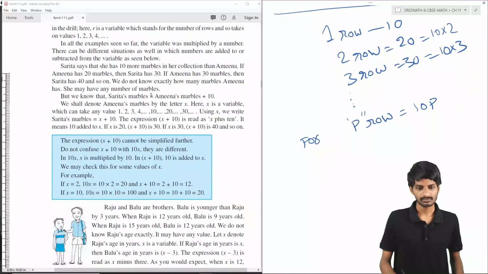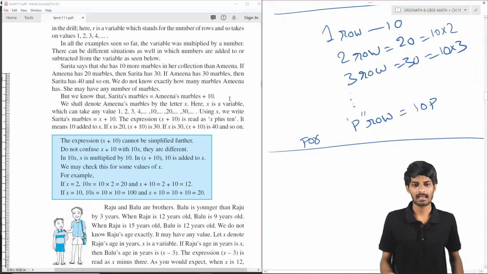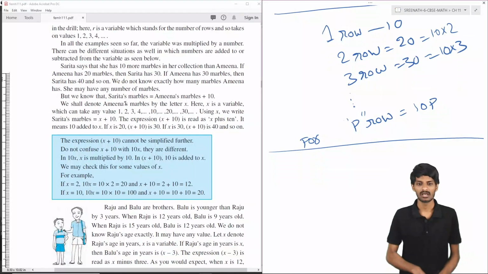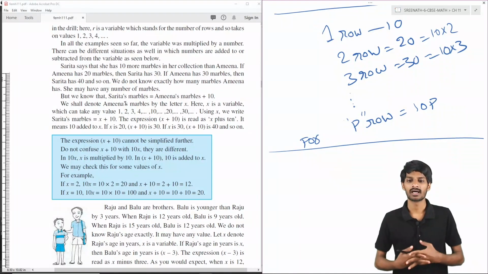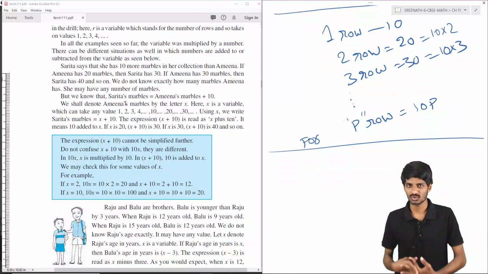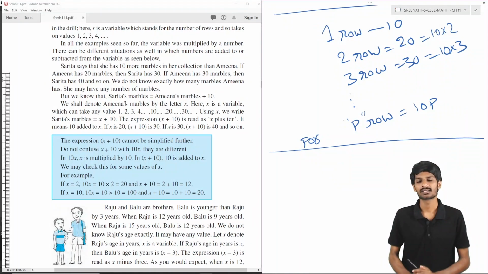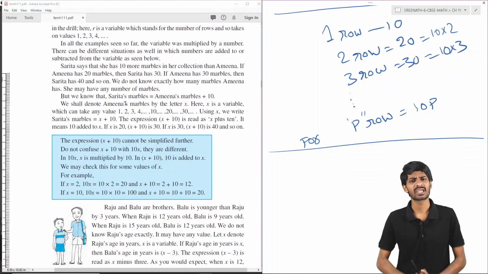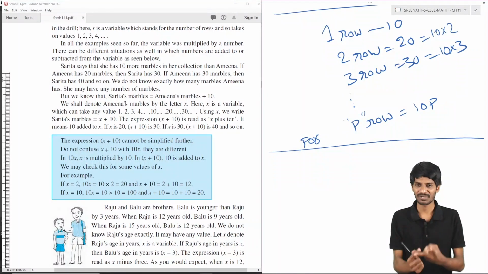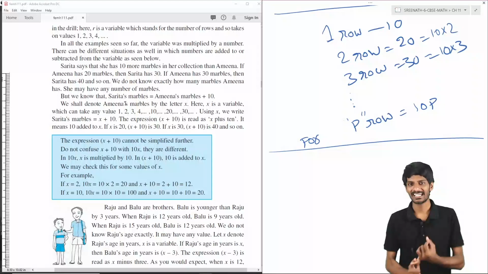So next, in all these examples seen so far, the variable was multiplied with some number, students. Sometimes we can add something to the variables, or subtract something from the variables also. So we can do all the mathematical operations like addition, subtraction, multiplication, division.